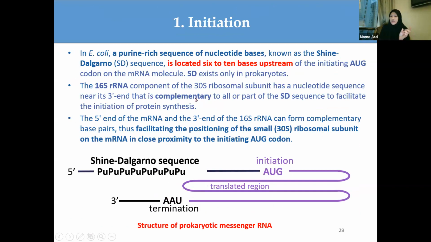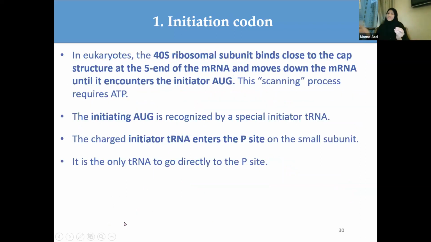That's where it's complementary, where it recognizes the SD, Shine-Dalgarno, which is located upstream of the actual start codon. This recognition starts the whole process, facilitating the positioning of the small subunit with the start codon, and then the large subunit joins in.